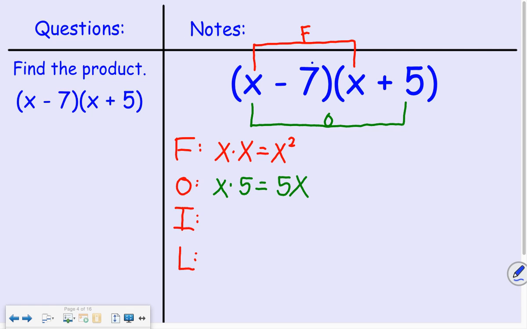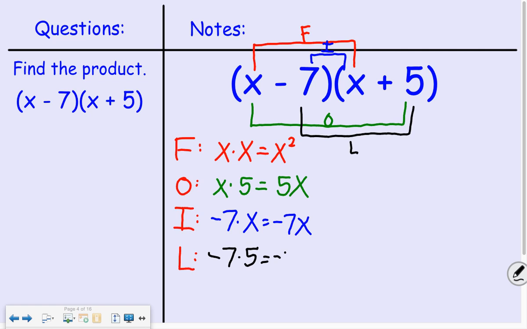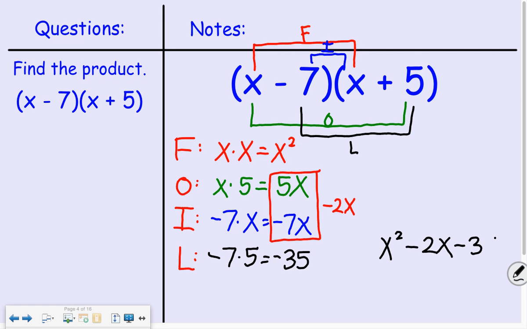Inner is negative 7 times x. And last is negative 7 times 5, which is negative 35. I can combine my O and I because they are like terms. I get negative 2x, and then I write out my answer. x squared minus 2x minus 35.